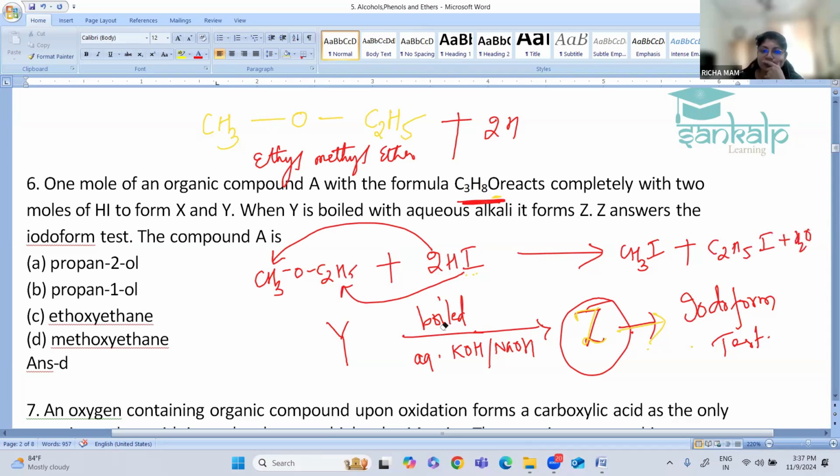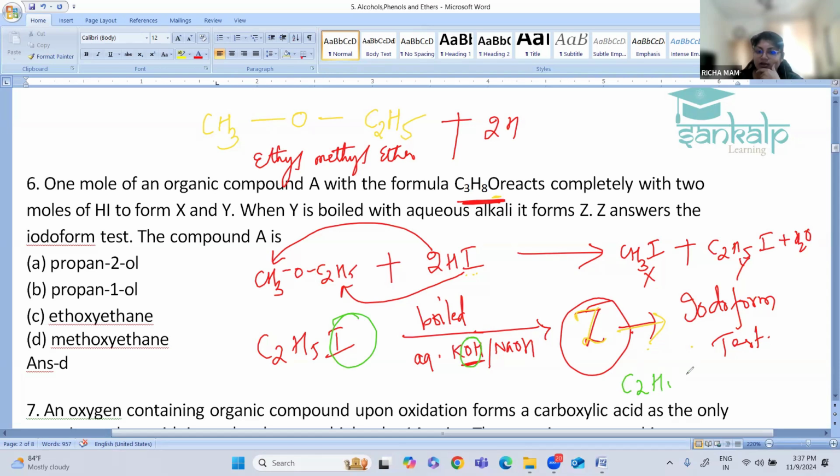So again, this is X and this is Y. If I take Y as ethyl iodide, C2H5I, and boil with aqueous KOH or NaOH, what am I going to get? Your iodide will be replaced by OH.